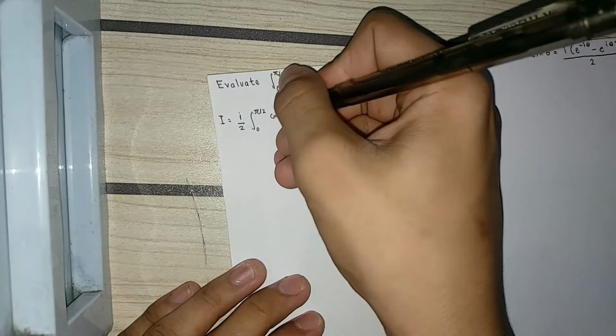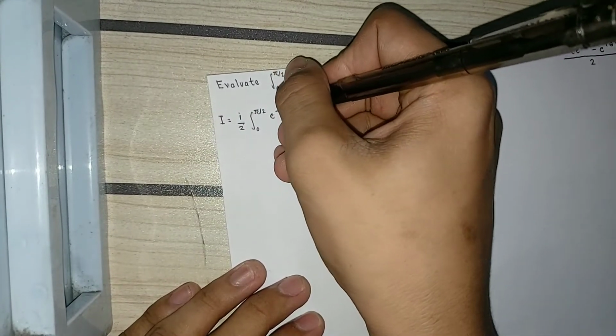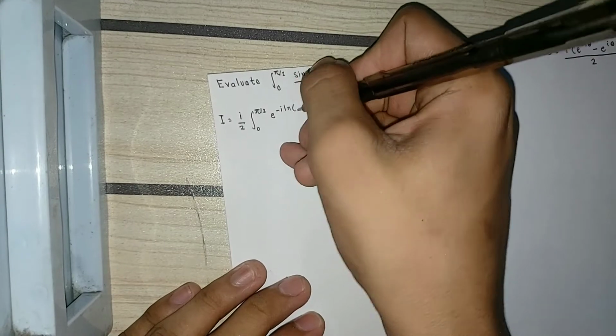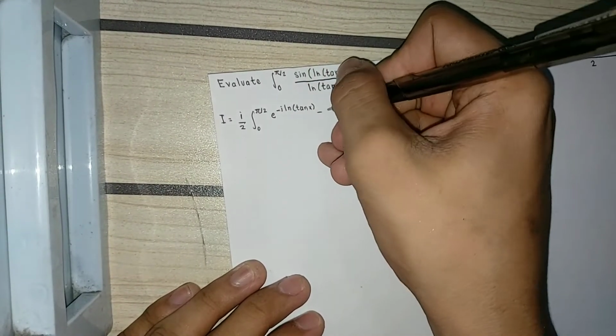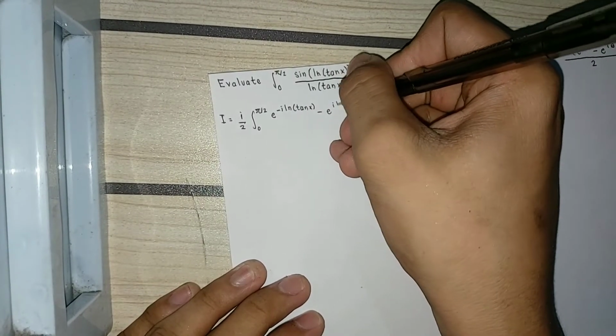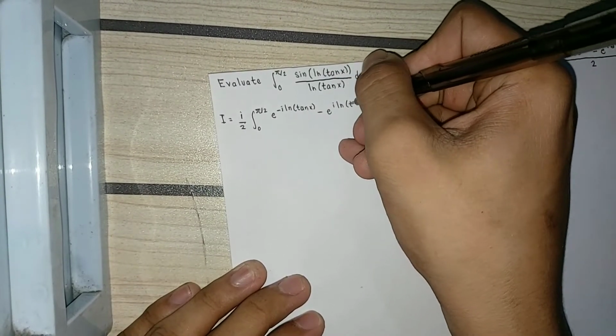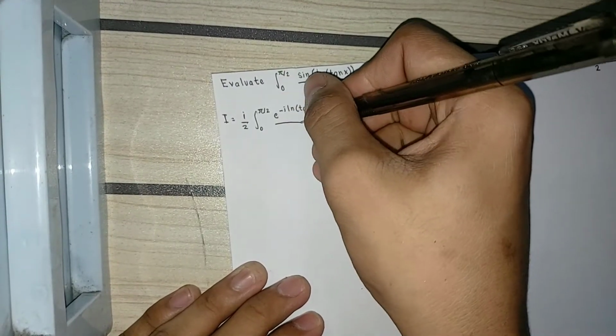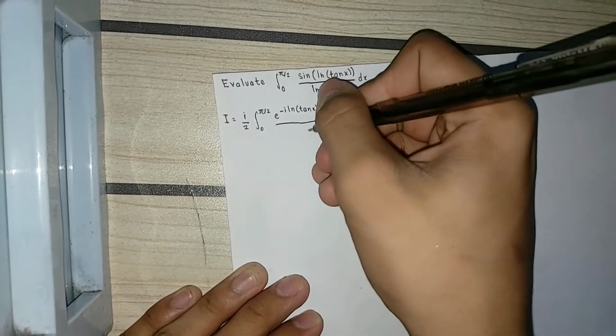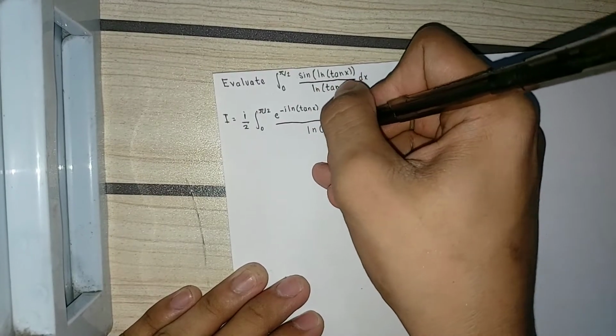So we now have e raised to negative i times ln of tan x minus e raised to i times natural log of tan x divided by natural log of tan x dx.